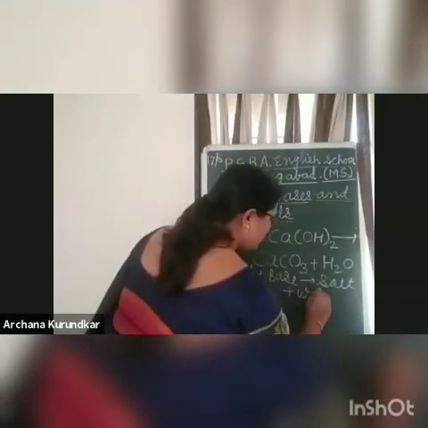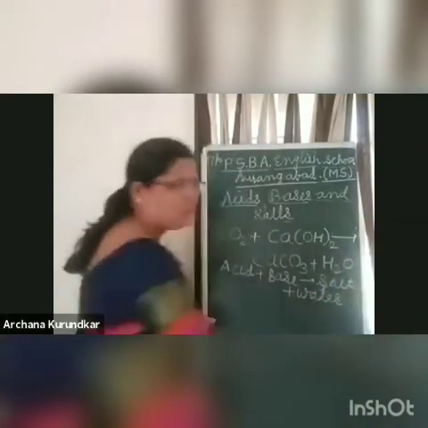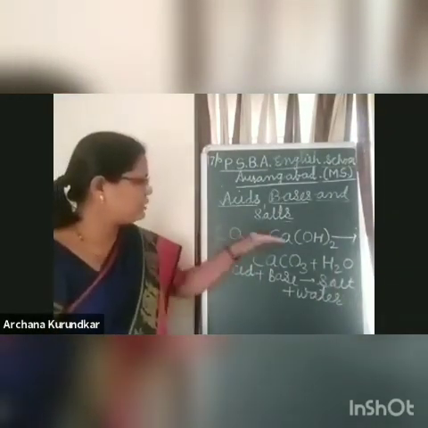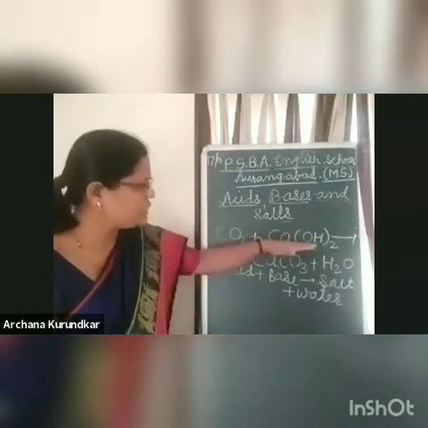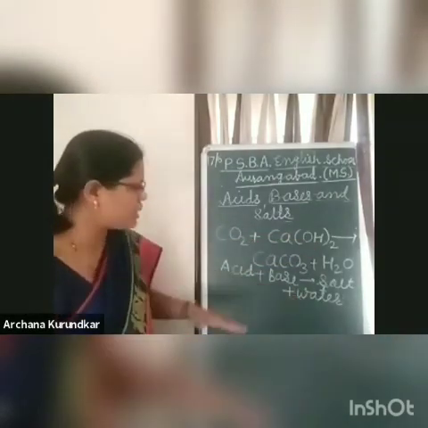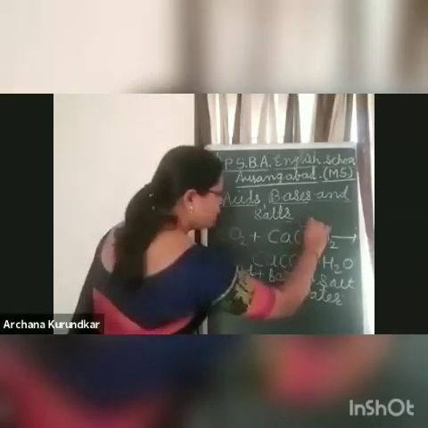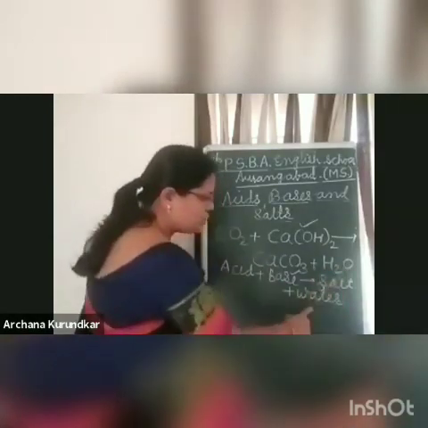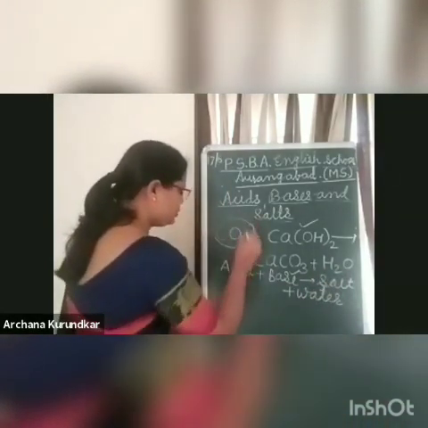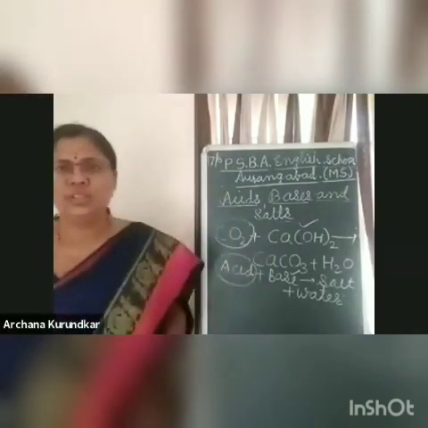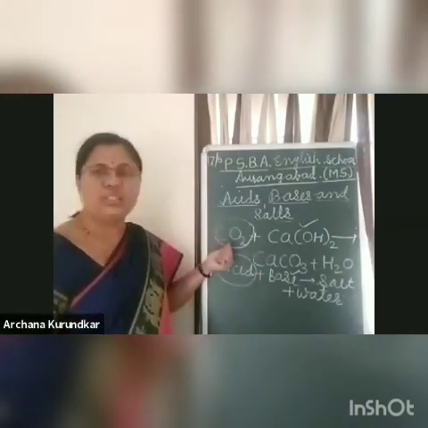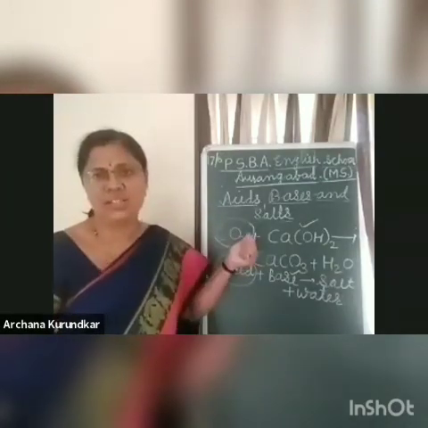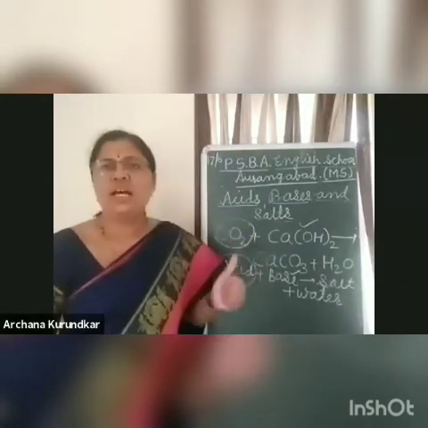If you compare this with the reaction of carbon dioxide, a non-metallic oxide, and a base, you will find the calcium hydroxide is the base, calcium carbonate is a salt, then water, and what remains is the non-metallic oxide and this acid. So these non-metallic oxides are acidic oxides. They act as acid here, acidic in nature, so they are called acidic oxides.